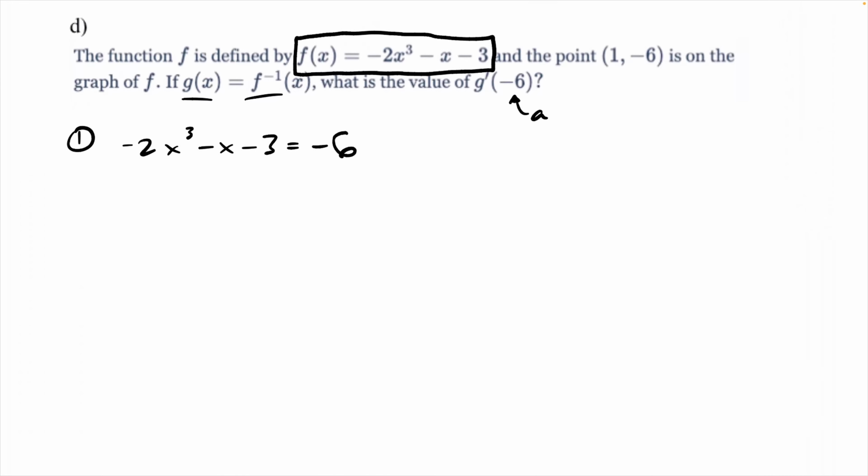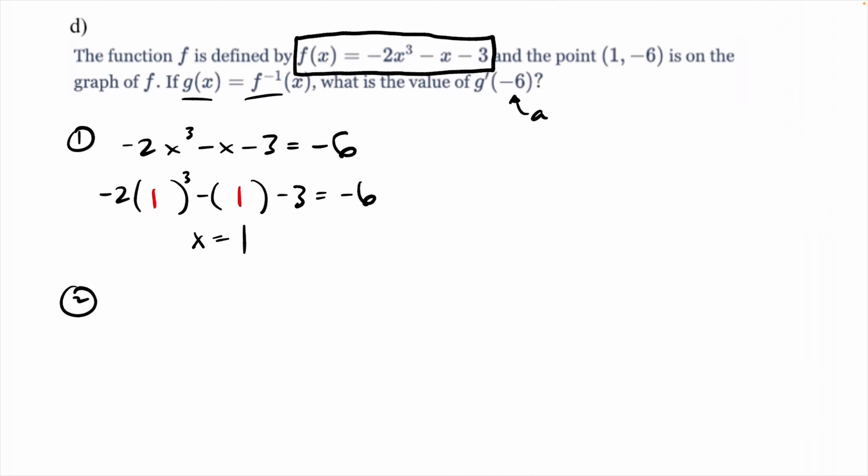So mental math here. What number would I plug in for x that would give me -6 as an answer? +1. It's going to be +1. 1 cubed is 1 times -2 is -2, minus 1 is -3, and then minus 3 more is -6. Okay, so x equals 1.